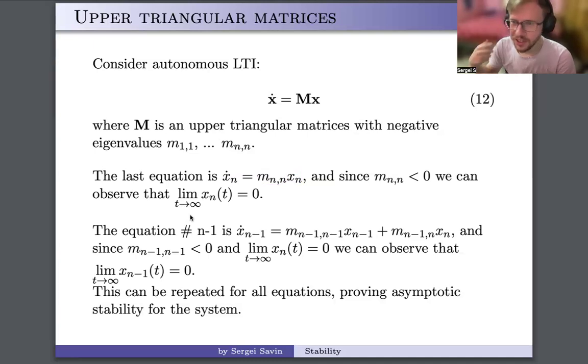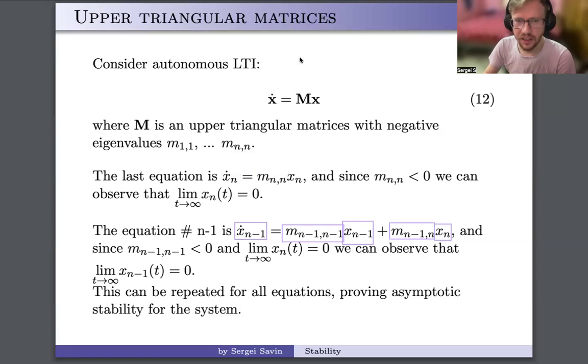Now let's consider the previous equation, the equation before the last. It would go like this: x sub n minus 1 dot is equal to m sub n minus 1 times x sub n minus 1, plus the element m sub n minus 1,n times xn, right? You understand that you have this matrix.